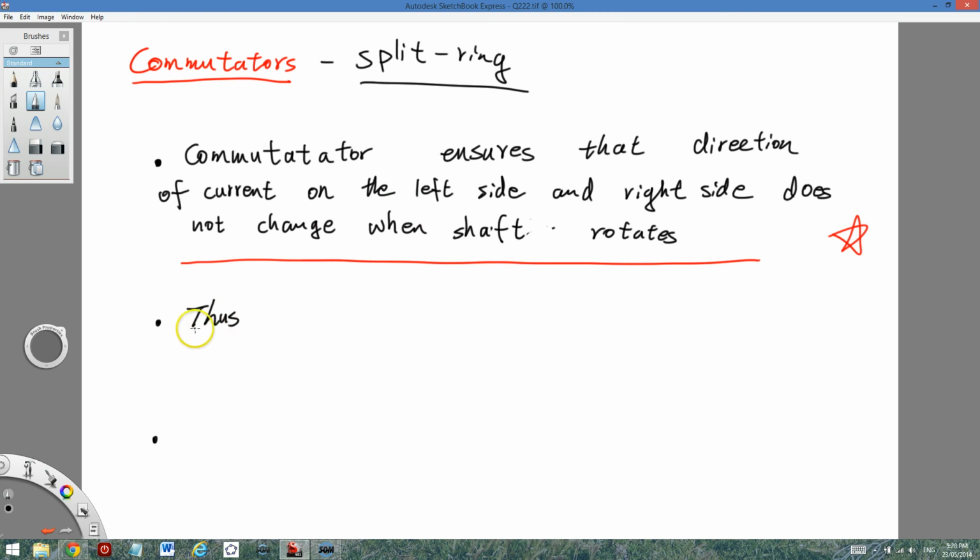Also, you need to mention that by doing this, the commutator makes the coil, which is the wire A, B, C, D, rotate in the same direction.